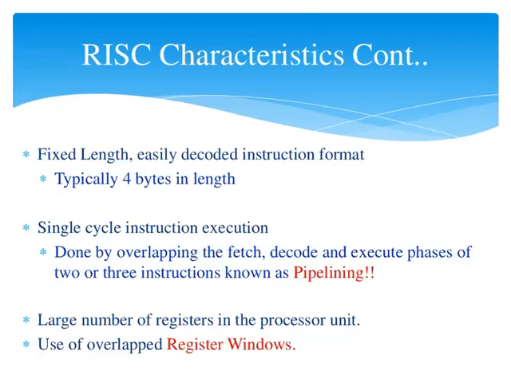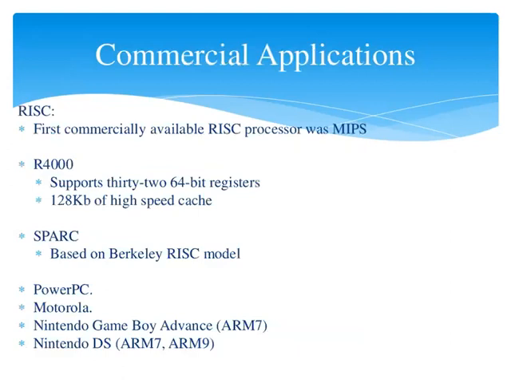This is also an overlapping concept that will come in RISC. Overlapping means, suppose the first instruction will be executed in 5 seconds, the second instruction will start in the second, up to 6 seconds. So overlapping will reduce the number of seconds, that means reduce the time of an instruction. That concept will be in RISC architecture.